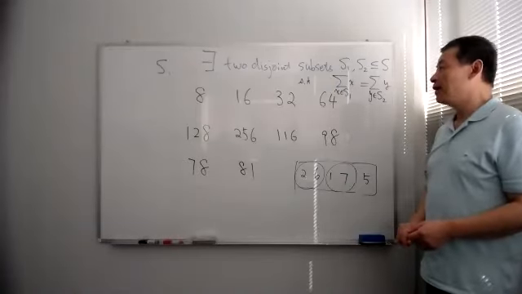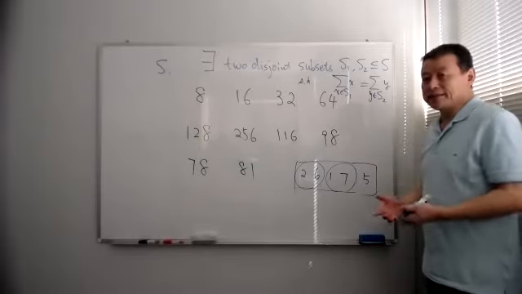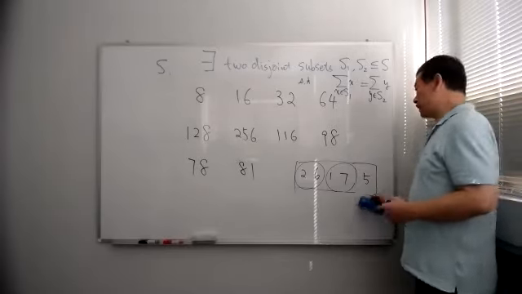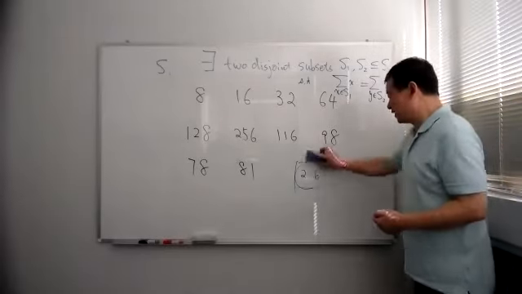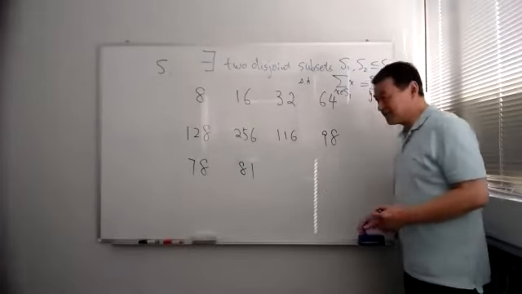Okay. So how can we prove this one? Again, this does not seem to have anything to do with the pigeonhole principle, but actually we can use it to prove this. Now, where are the pigeons? Where are the pigeonholes?